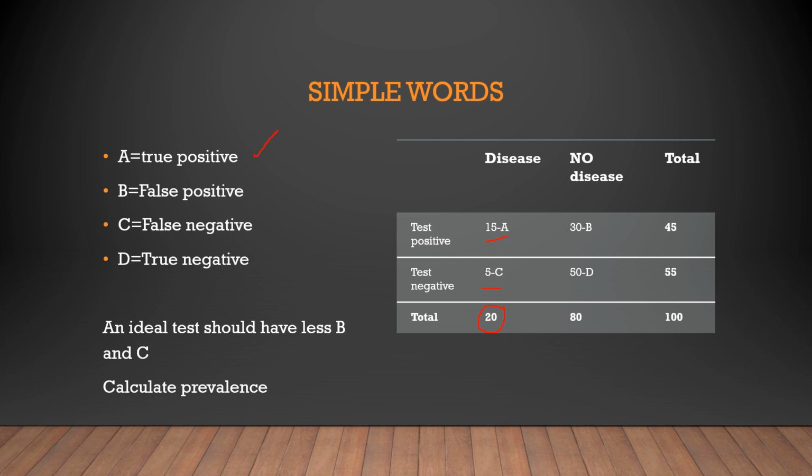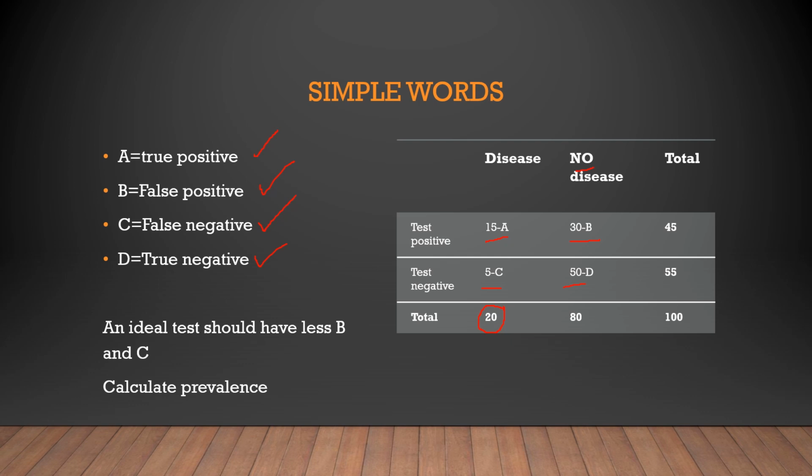Okay, they have the disease, but this test is telling they don't. That means it is falsely telling they do not have the disease. Next, there are 30 people who do not have the disease, but this test is telling them they have. That is a false positive test. There are 50 people who do not have the disease and the test is telling them the same, that they do not have the disease. So it is a true negative.